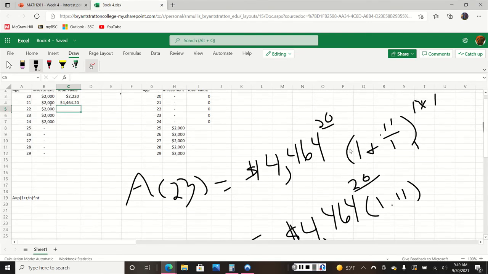We're using the 1 that's kind of constant, plus the interest rate, which is 0.11 or 11%, over the number of compound periods per year, which is 1. And then that's in the parentheses, and outside of the parentheses is NT. And again, I'm just using that equation right there.